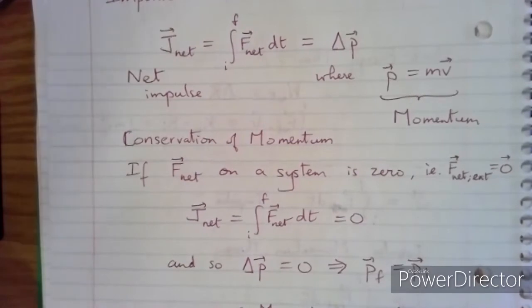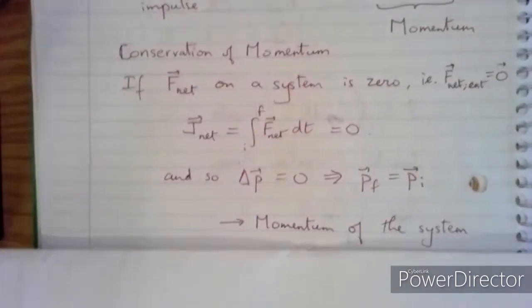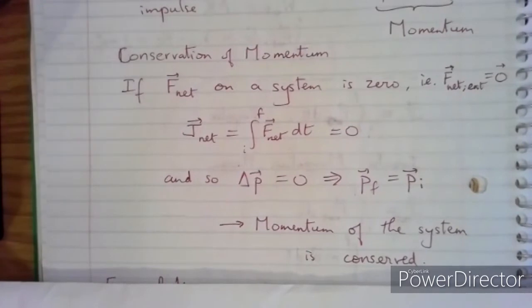So if P final equals P initial, the momentum of the system is conserved. This might seem a little abstract right now, so let us look at an example.